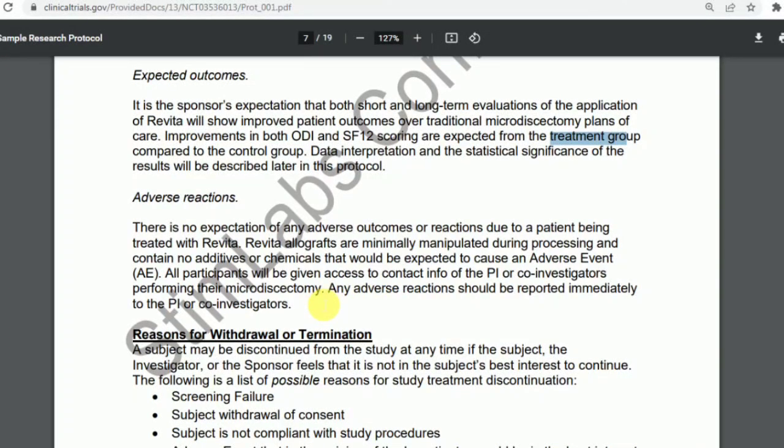Suppose a subject feels that after taking this medicine they are suffering from side effects, adverse events or adverse drug reactions. They have the authority to contact their physician or the principal investigator to inform them about these side effects. Any adverse reactions should be reported immediately to the PI or co-investigator.